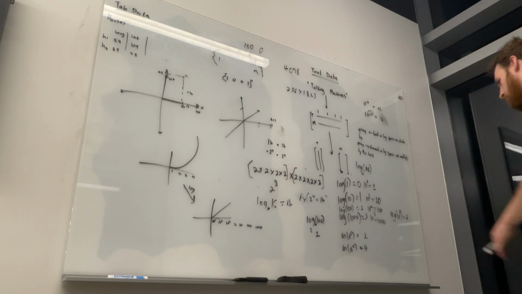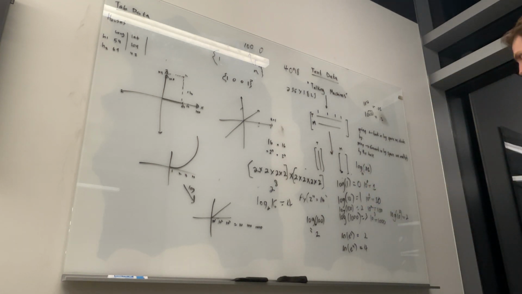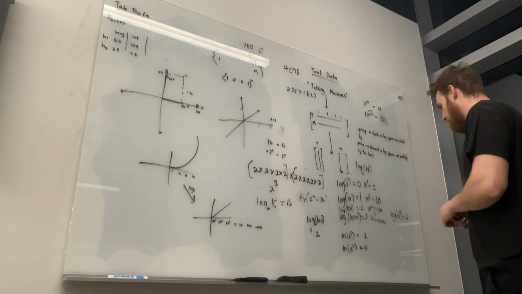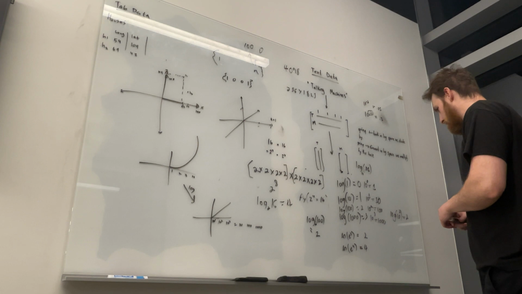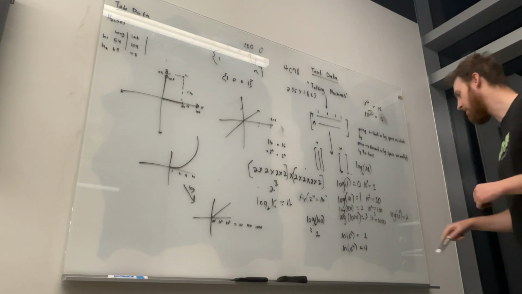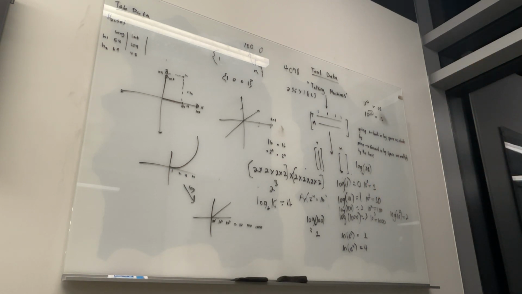So for example, log 1 is going to equal 0. So log 1 would be 0, but that would be defined as 10 to the 0, which would be 1.